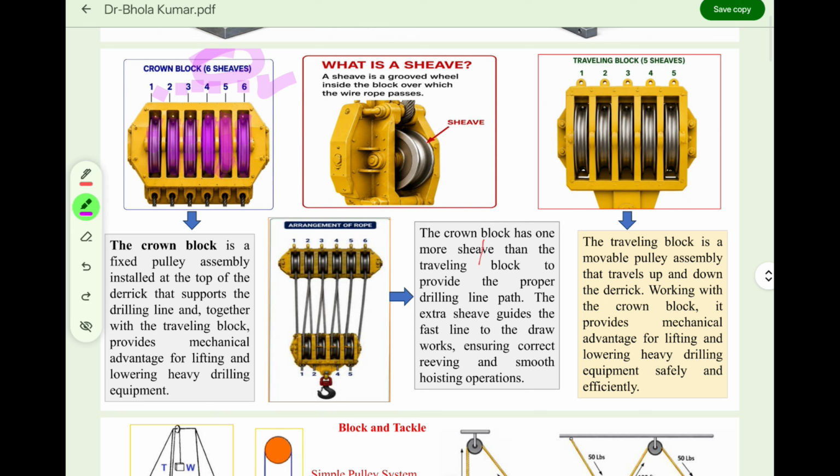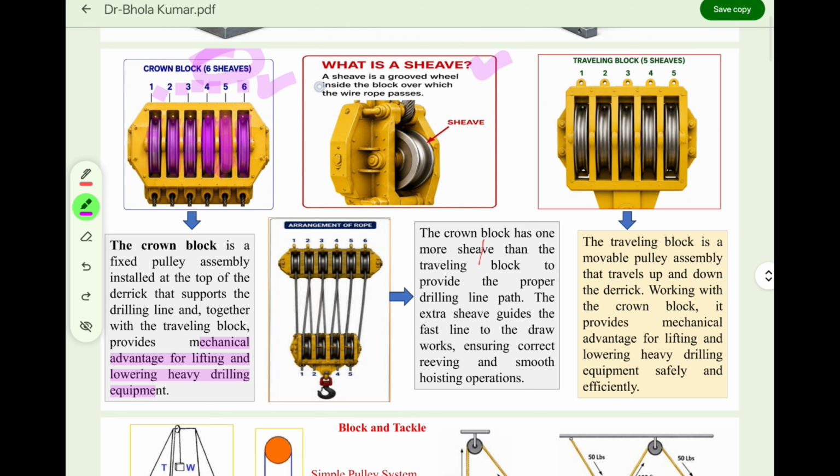We will talk about the mechanical advantage also. What is the meaning of mechanical advantage? The whole calculation starts from the mechanical advantage. If you are able to understand mechanical advantage, you can solve any problem from the hoisting system, right?